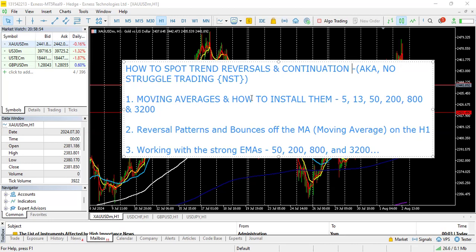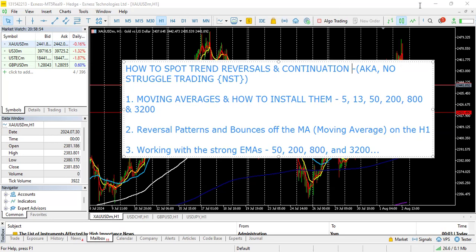So I use them, and these are the EMAs I have installed on my computer system. This interface you can see here is the XNES MT5 framework. You can install that.